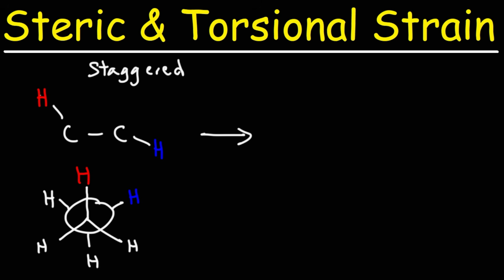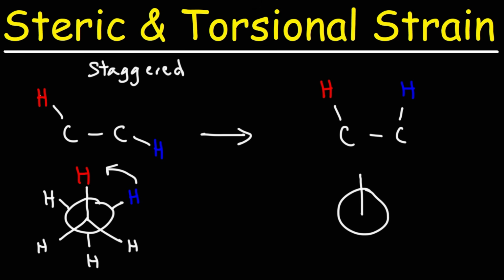Now what we can do is we can rotate the backside so that we can get an eclipse conformation. The Newman projection will look something like this.